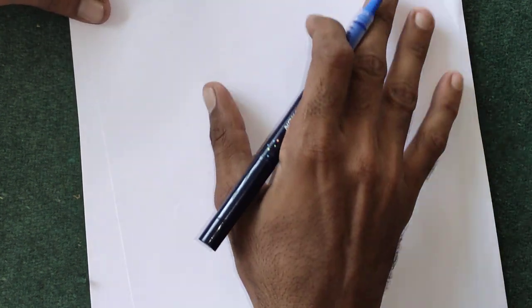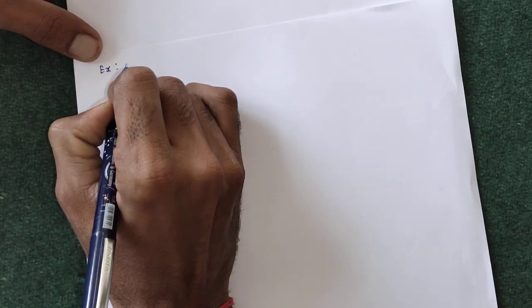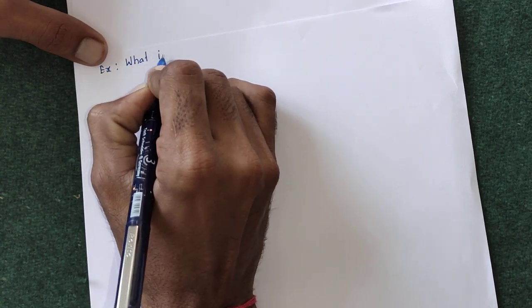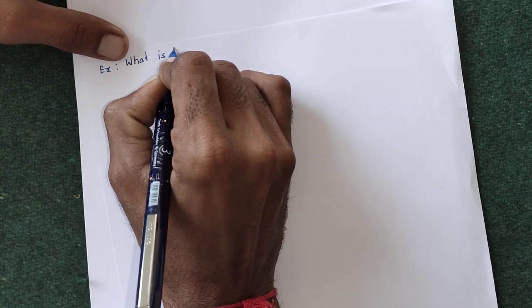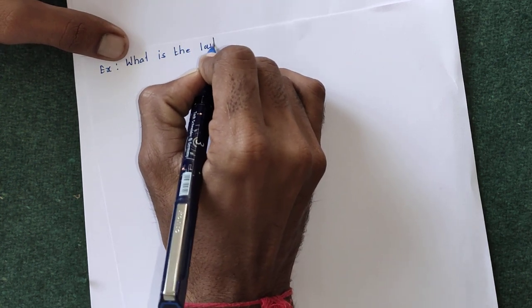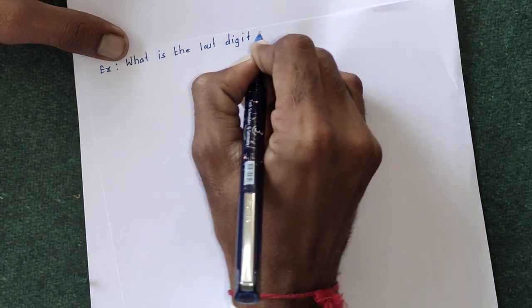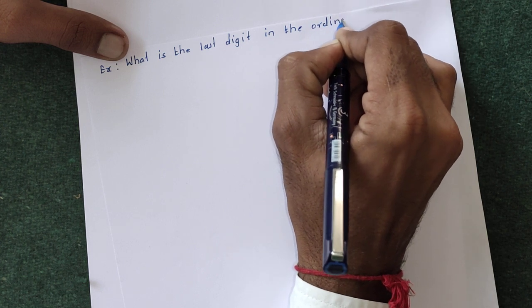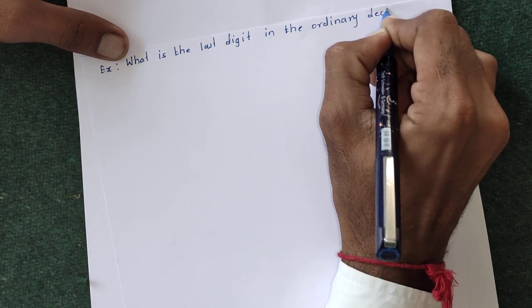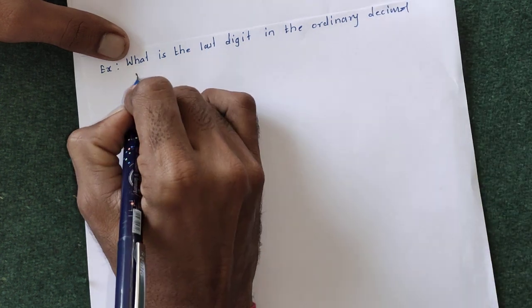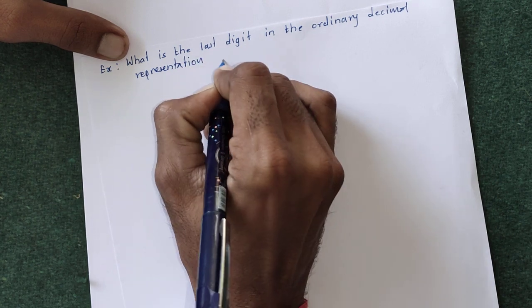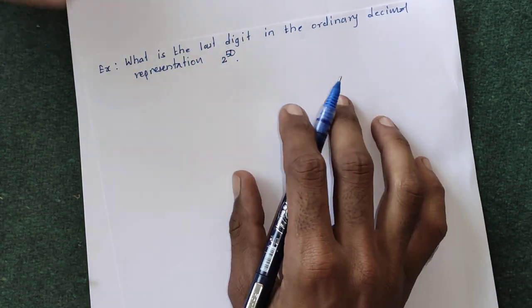Like that, one more example is asked in the question paper. The example is, what is the last digit in the ordinary decimal representation of 2 raised to 50.